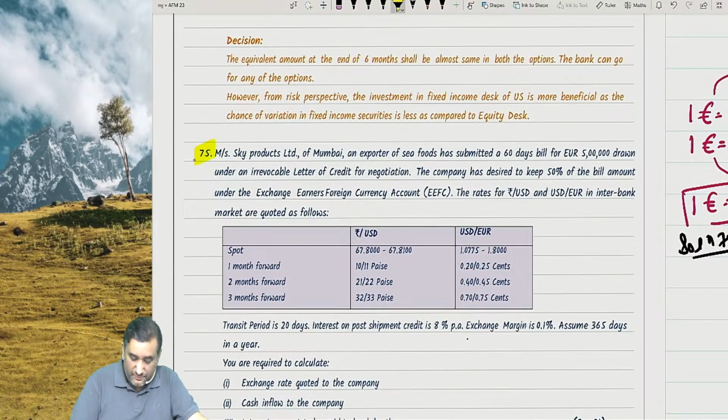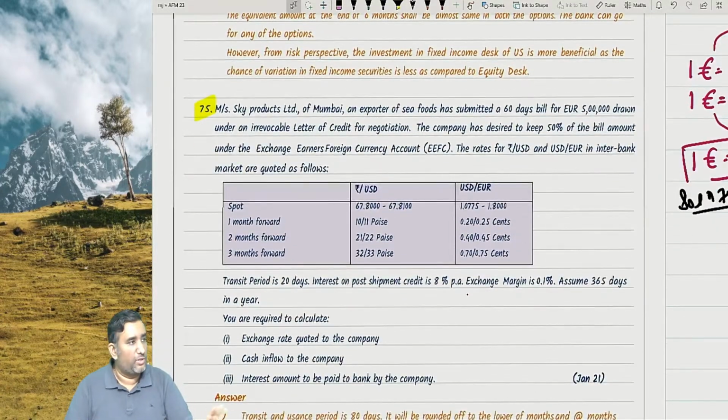Now look at this part here, 75th. I'll just read it out with you. Some new terms will come. I'll explain them while reading this question.